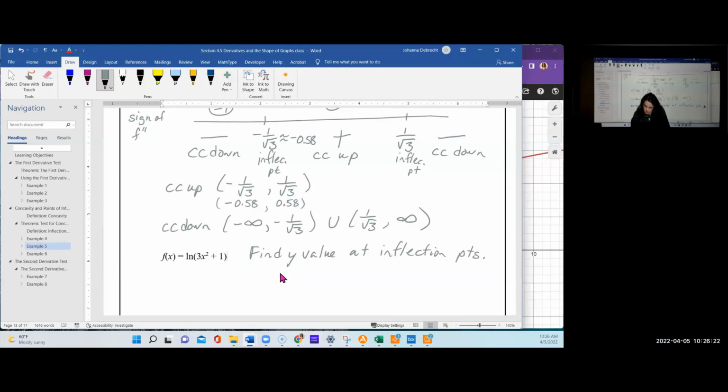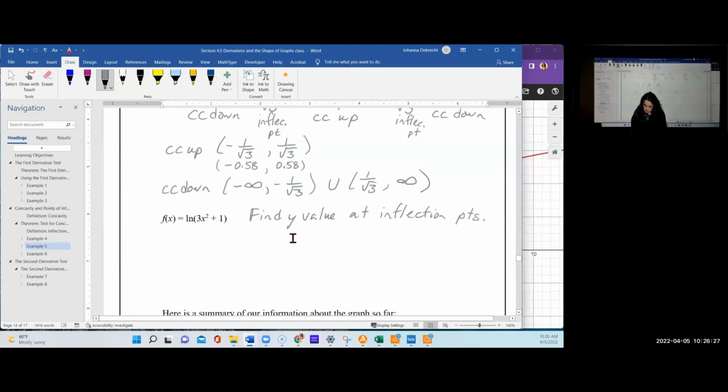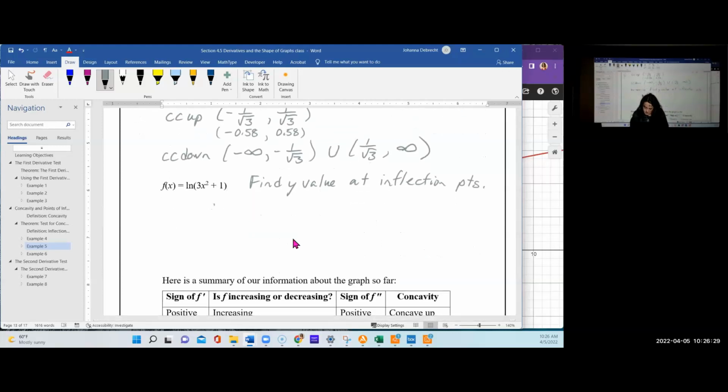Okay, so plugging in, we have f of negative 1 over the square root of 3, which is going to be equal to the natural log of 3 times negative 1 over the square root of 3 squared plus 1, like that.